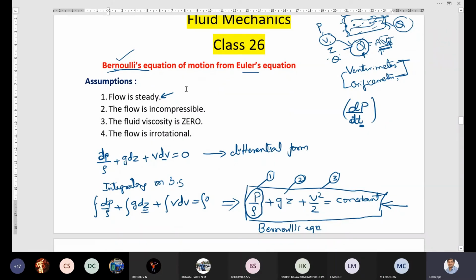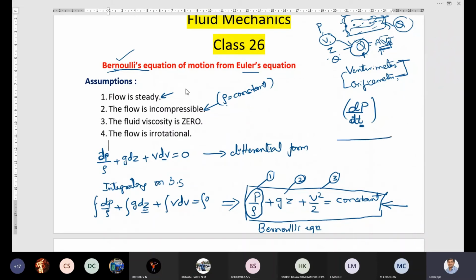So this is satisfied. The flow is incompressible. What is the meaning of incompressible? Density is equal to constant. The property density of the fluid, if it is constant, then we will assume that it is incompressible flow. So what does it mean?